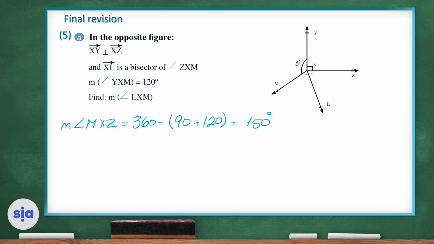So angle MXZ, this angle is 150 degrees. So the measure of angle LXM is half of the 150, which is 75 degrees. So the measure of angle LXM is 75 degrees.